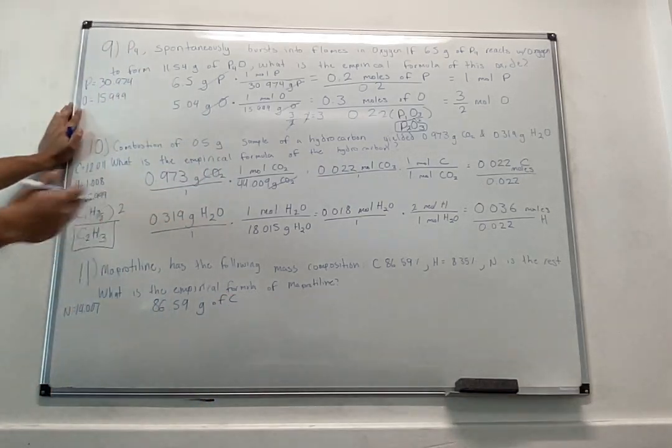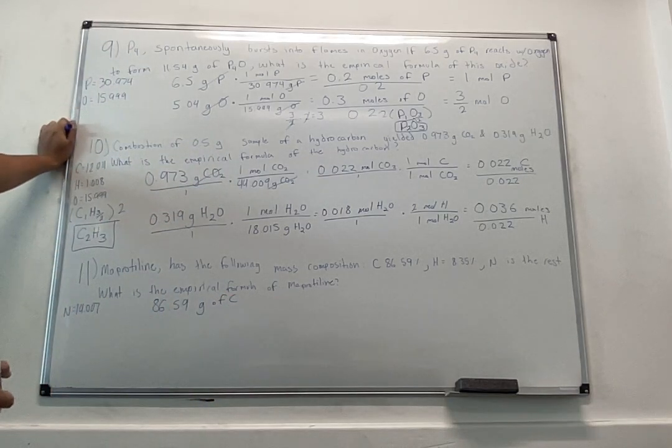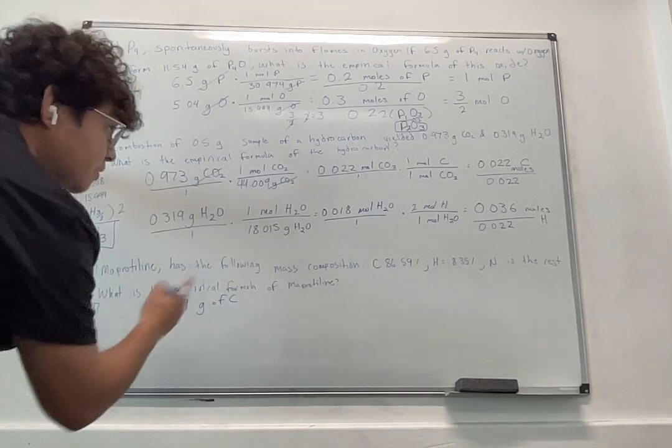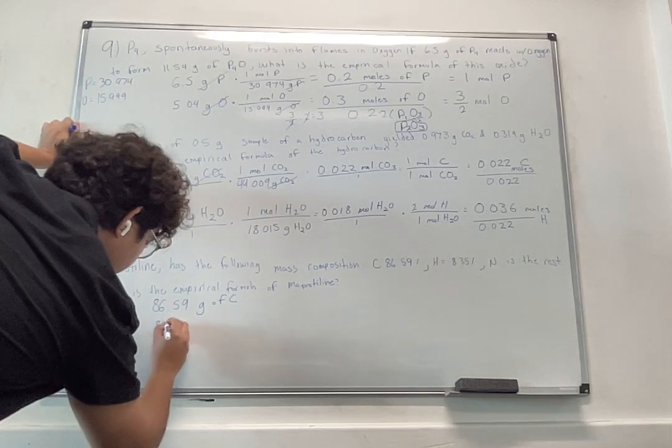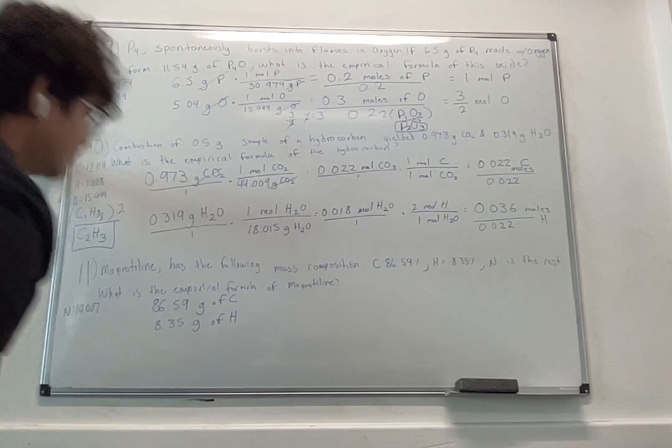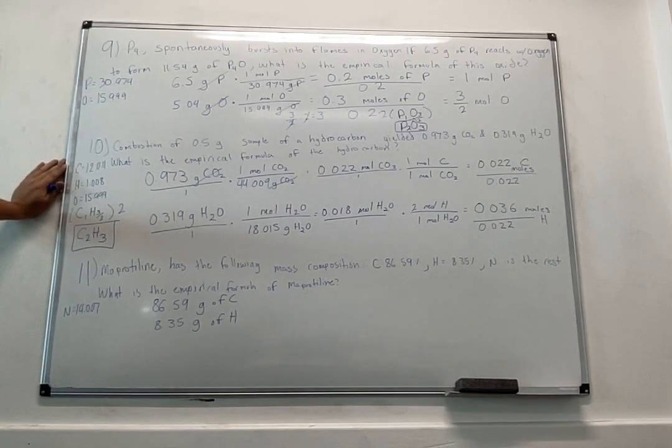Okay. The next one would be 8.35% of hydrogen. But remember, we're treating it just like a gram. 8.35 grams of hydrogen. Oh man, I'm not gonna have enough space. Okay, and N is the rest of the formula, so we can just figure that out. 86.59 plus 8.35 gives us 94.94.